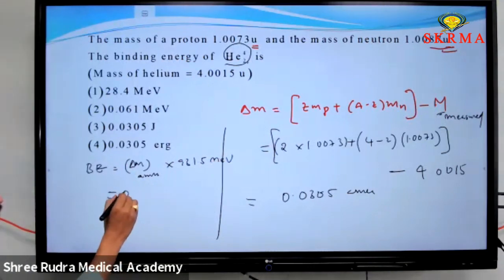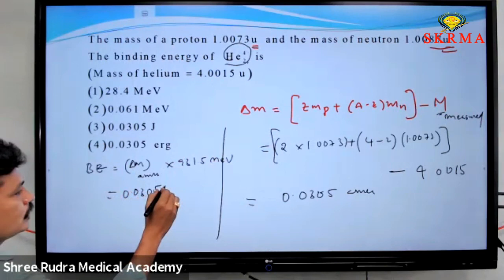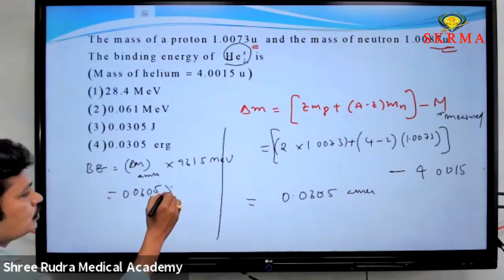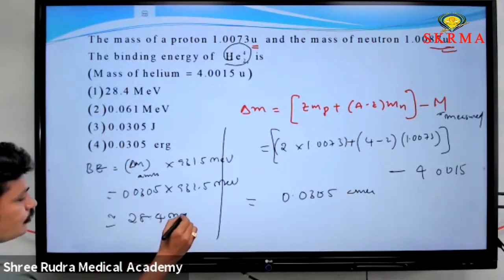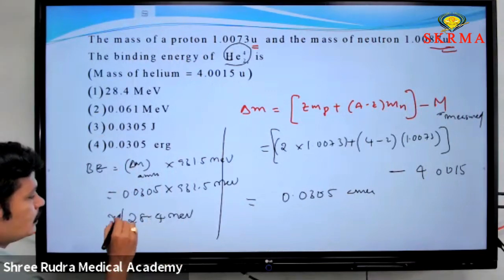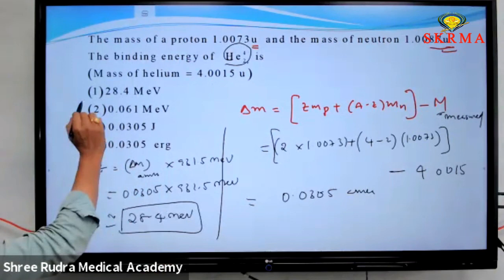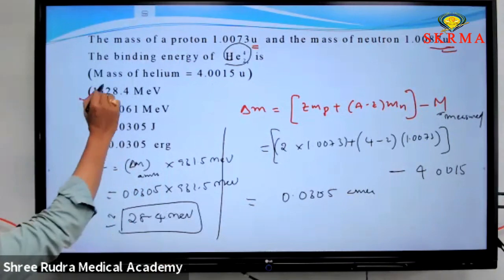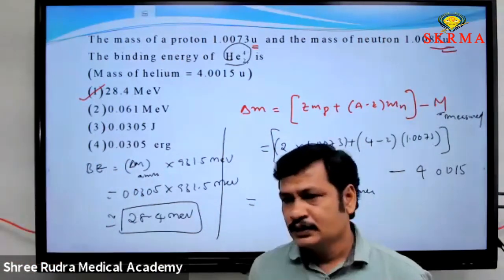If you substitute that value, 0.0305 into 931.5 MeV, we approximately get 98.4 MeV. This is the calculation, and the correct option is option 1.